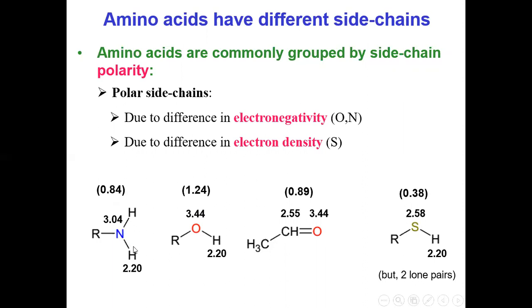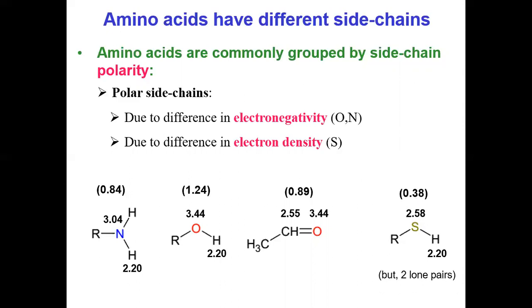Now, we have one case in which this is not what happens. We have an amino acid called cysteine, which is considered a polar amino acid, but its side chain contains a bond between sulfur and hydrogen. Now, if we look at the electronegativity units, we see that the difference between them is only 0.38 units.